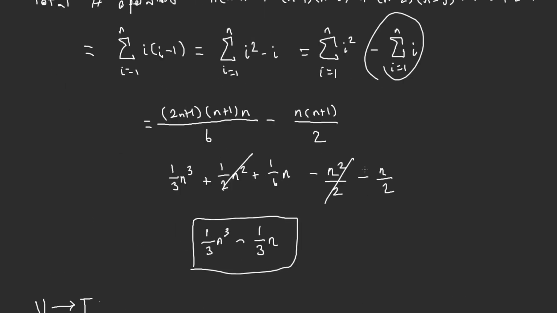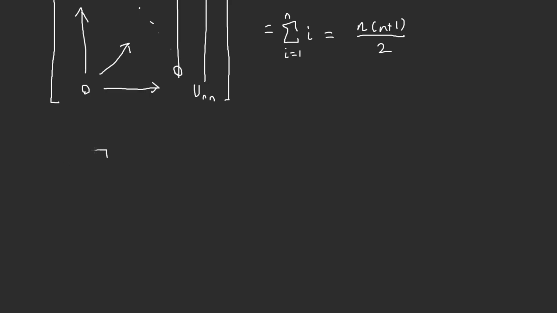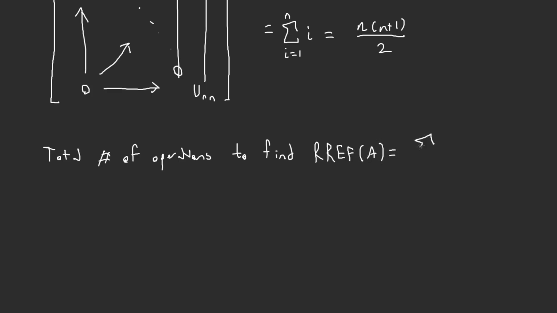And so the total number of operations to find the reduced row echelon form of A is going to be the sum of the first n perfect squares. And so that's going to equal 1/3 n cubed plus 1/2 n squared plus 1/6 n.